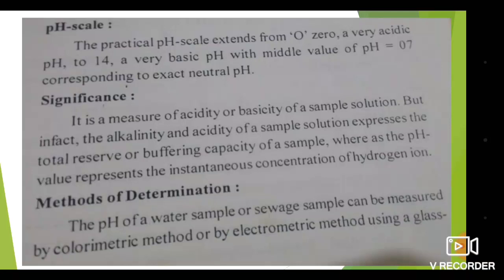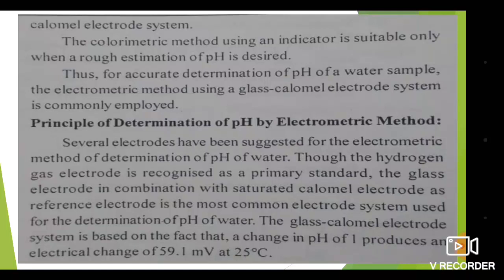And the method of determination: how one can determine the pH of water. The pH of a water sample or sewage sample can be measured by the colorimetric method or by the electrometric method using a glass and calomel electrode system.